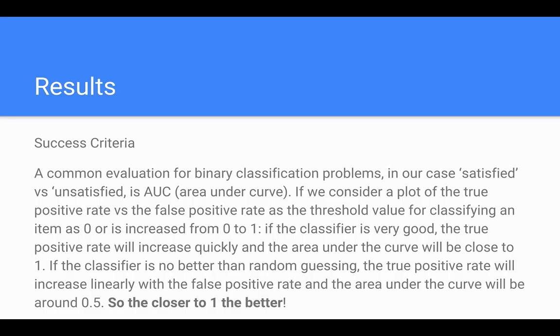The reason is, if we consider a plot of true positives to false positives, we want the true positives, where we guessed correctly, to be at a rate closer to 1. If we were to just randomly guess, that would be closer to half. So 0 is bad, 1 is better.